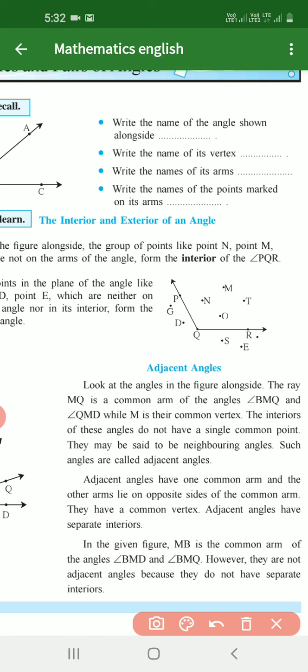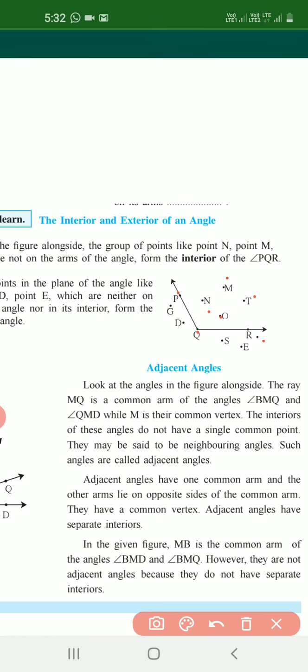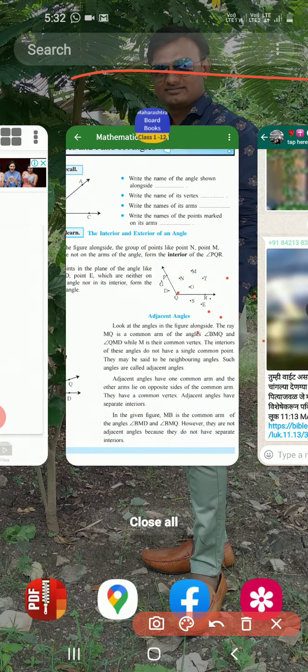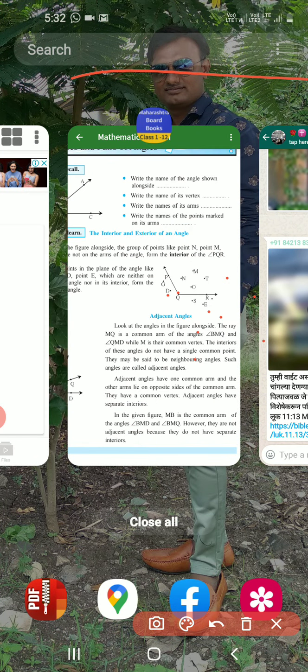Between the angle, this is angle PQR. Okay, the angle is given PQR. So these N, M, T, O are in the interior part of the angle.